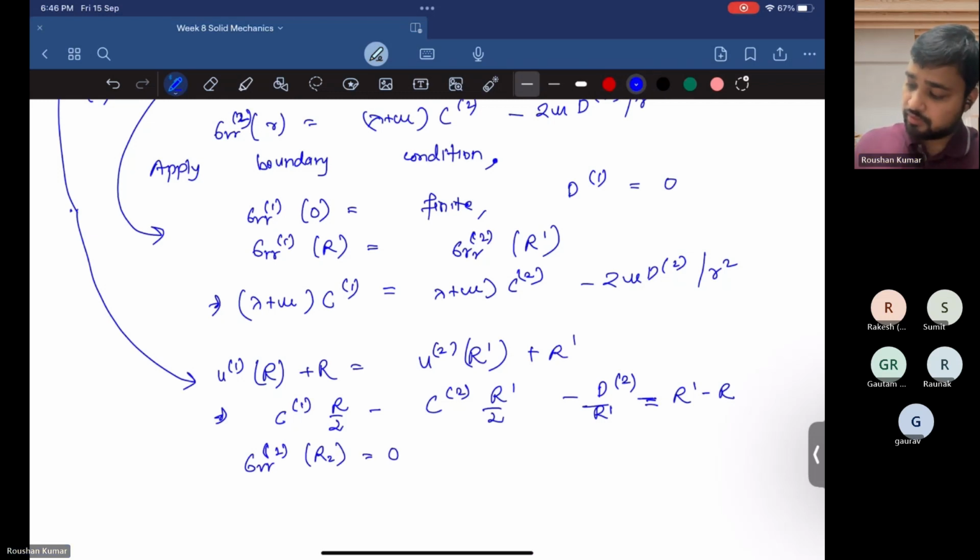On applying this condition, we get lambda plus mu C2 minus 2 mu D2 upon R2 square equal to 0.